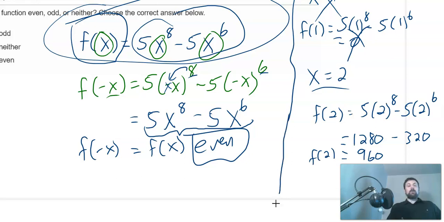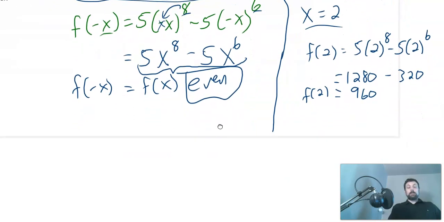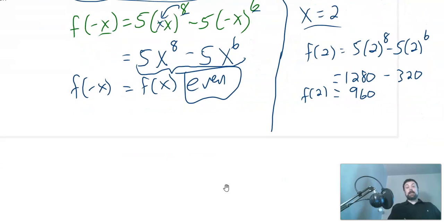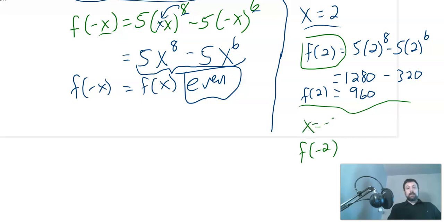So what do I need to do to see if this is an even function? What's the next thing I need to look at? Well, if I'm checking f of 2, I need to compare that to f of negative 2. So I need to choose negative 2 for x this time in order to check to see if it's behaving like an even function. I want to see what does it do when I make the 2 a negative and I look for f of negative 2.